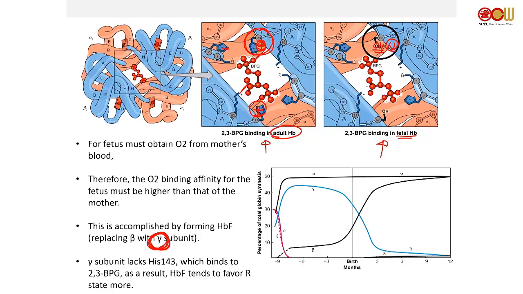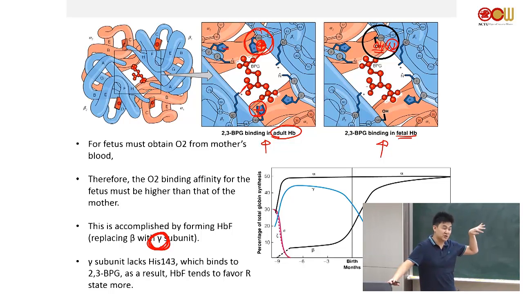This one. Okay, so for adults, you have histidine over there, which is positively charged, which helps the 2,3-BPG bind there and stabilize the T state. Okay, so T state is super stable in adults with 2,3-BPG. For fetus, you have gamma subunit instead of beta subunit for hemoglobin, and you don't have that histidine.